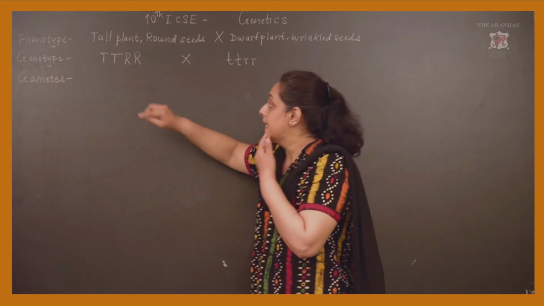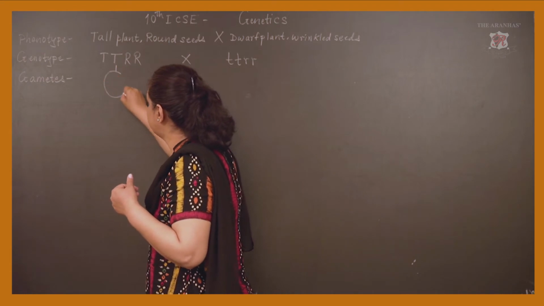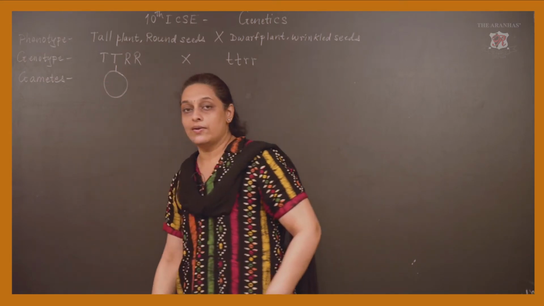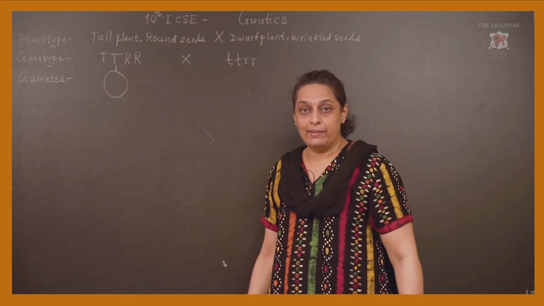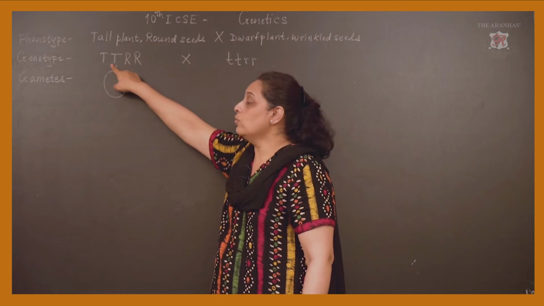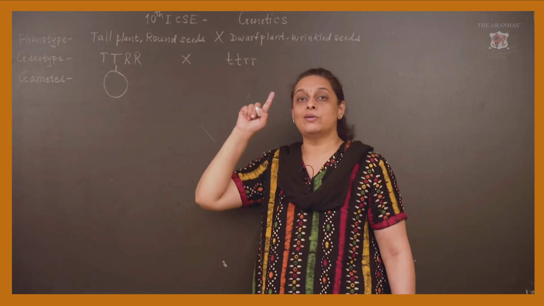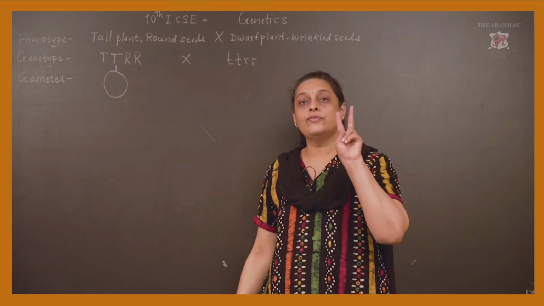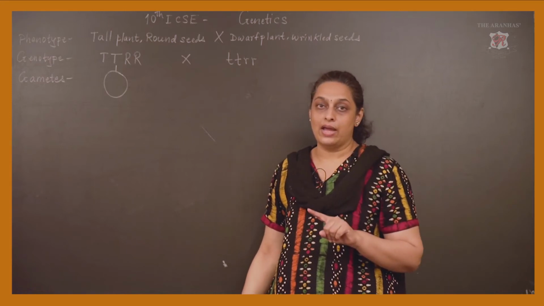Now, while writing gametes of the first tall round parent, see how to write gamete. Between 2 capital T, that is between the 2 alleles for tallness, out of 2 alleles only 1 will come into gamete.